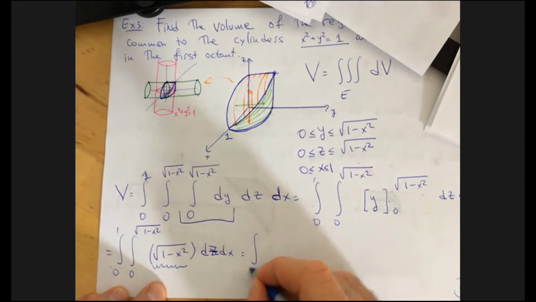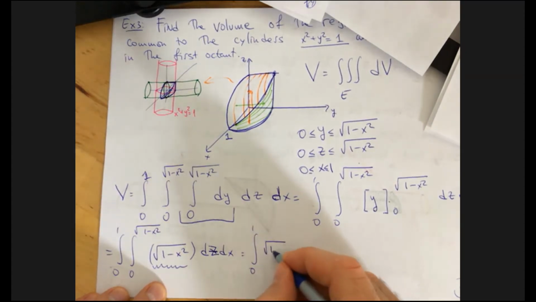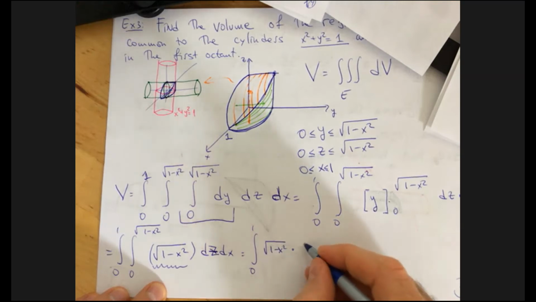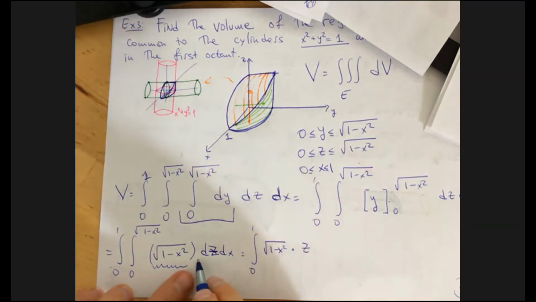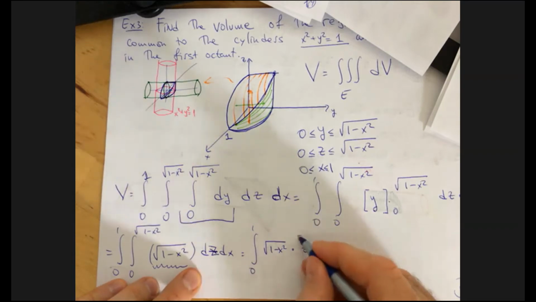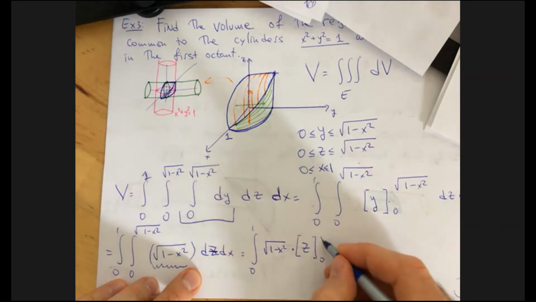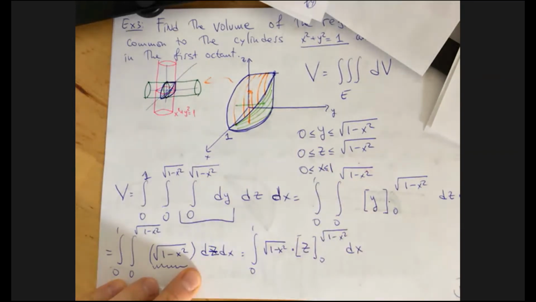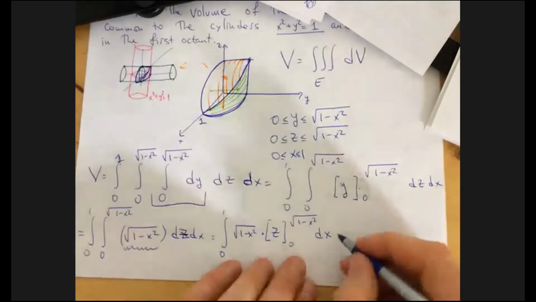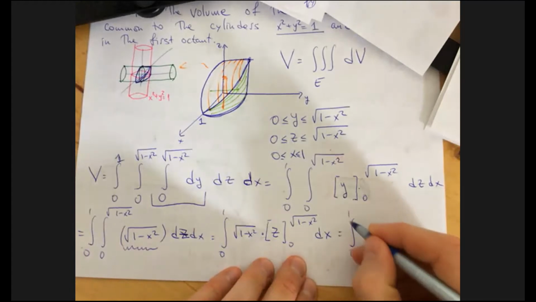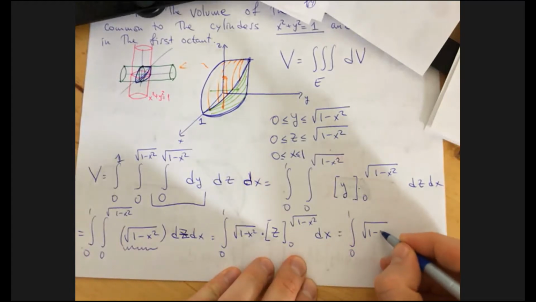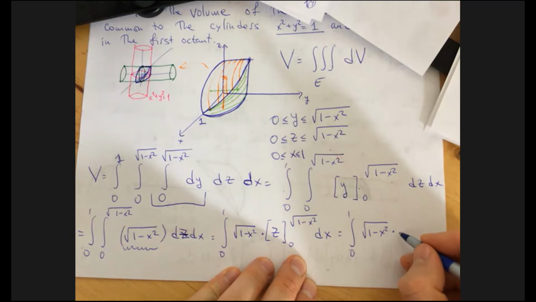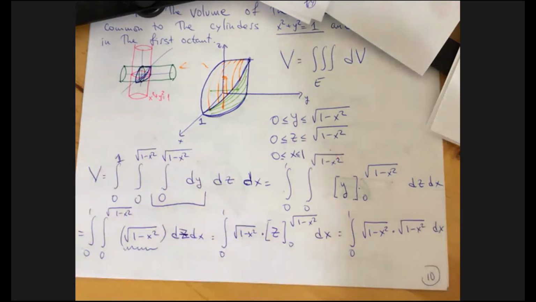That's the integral from 0 to 1, square root of 1 minus x squared, times the integral of 1 dz, which is just z, evaluated from 0 to square root of 1 minus x squared, dx, which is equal to the integral from 0 to 1, square root of 1 minus x squared, times square root of 1 minus x squared, dx.